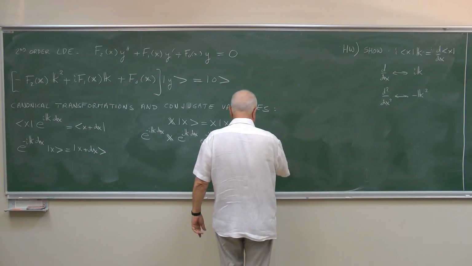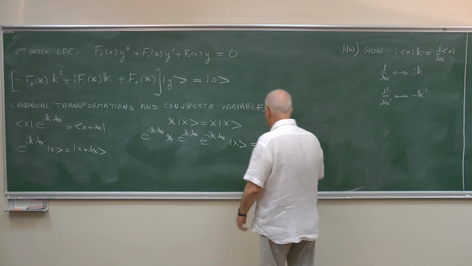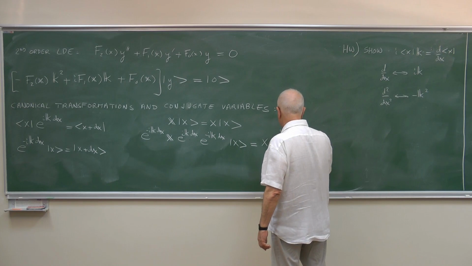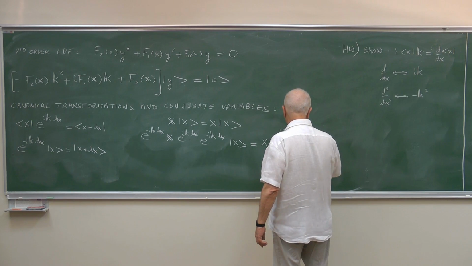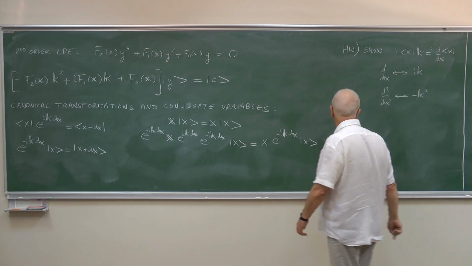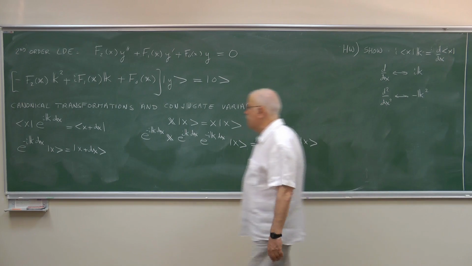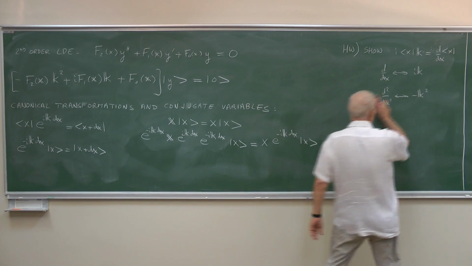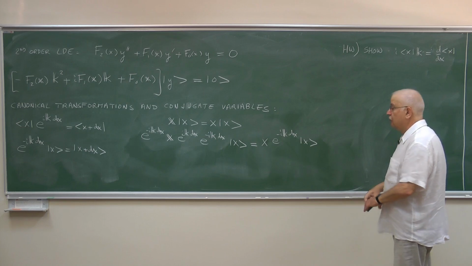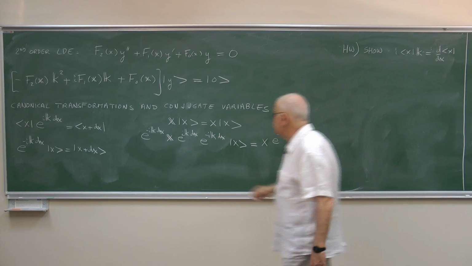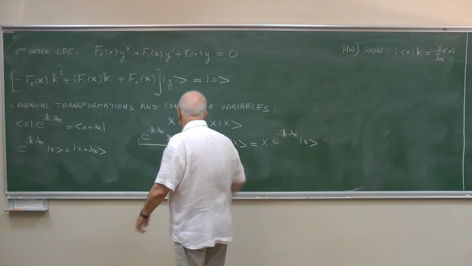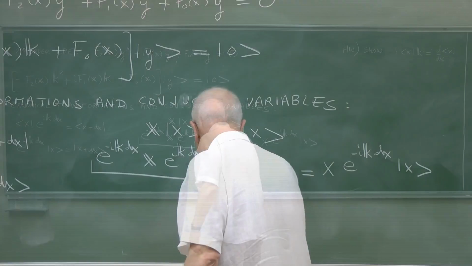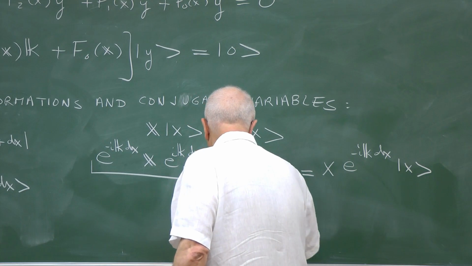The other side, x is just a number, so the operator jumps over it, e to the minus ik dx on x. So what happens? There is this strange combination here. I don't know what it is. But this thing is x plus dx.